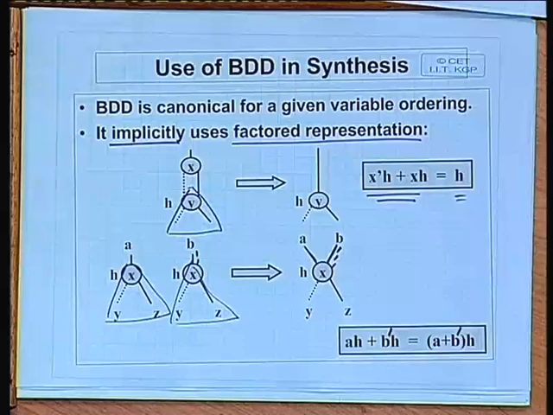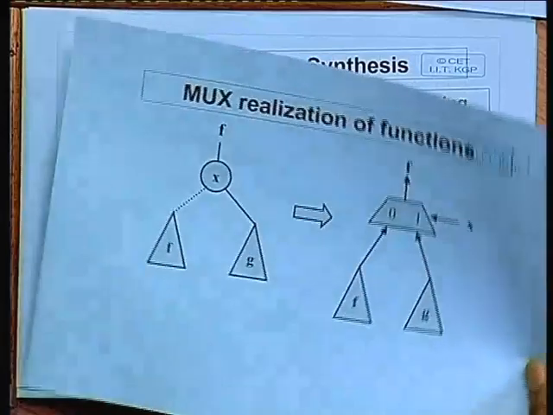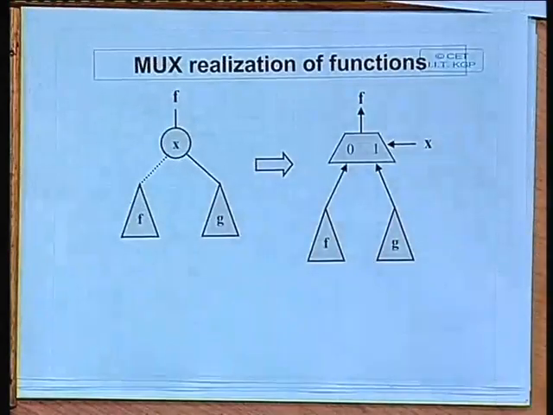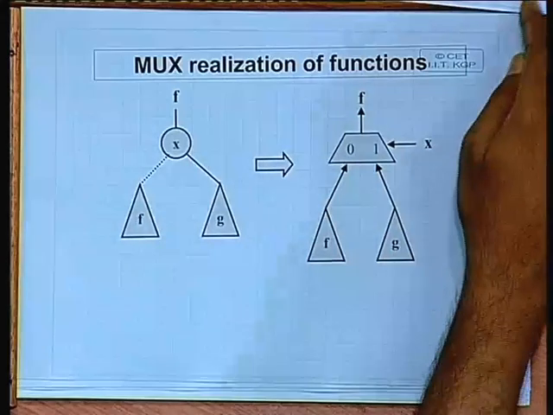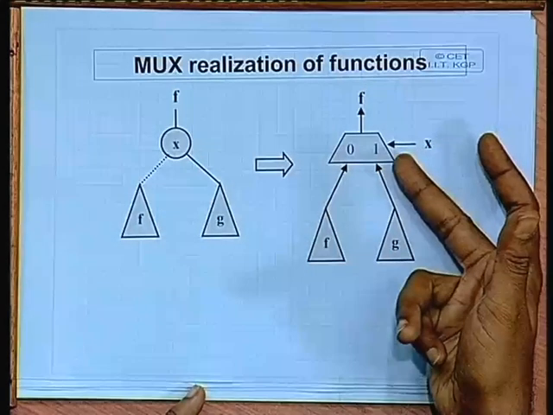Now let us look at how BDD can be used for synthesis. So I told you before that very naturally, the way you are expanding a function while constructing BDD, there is some kind of a multiplexer realization which immediately comes to your mind.